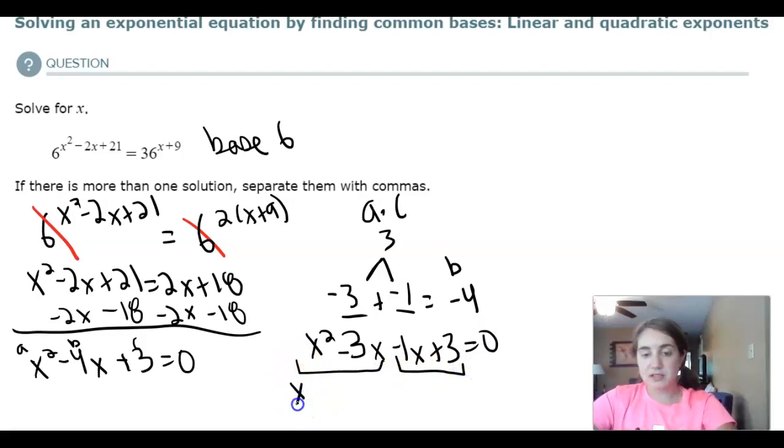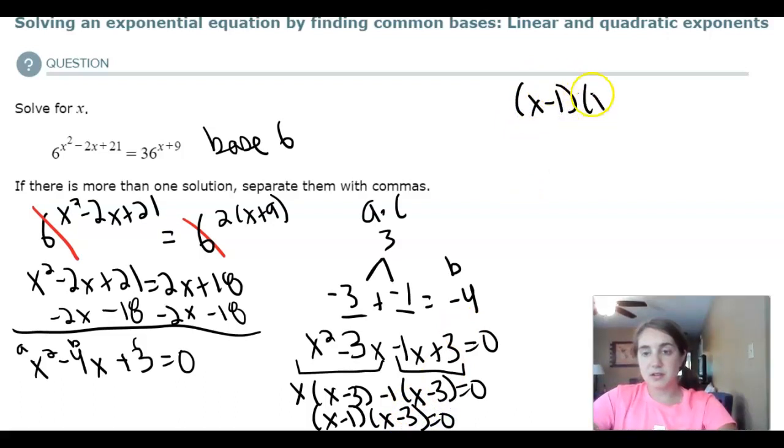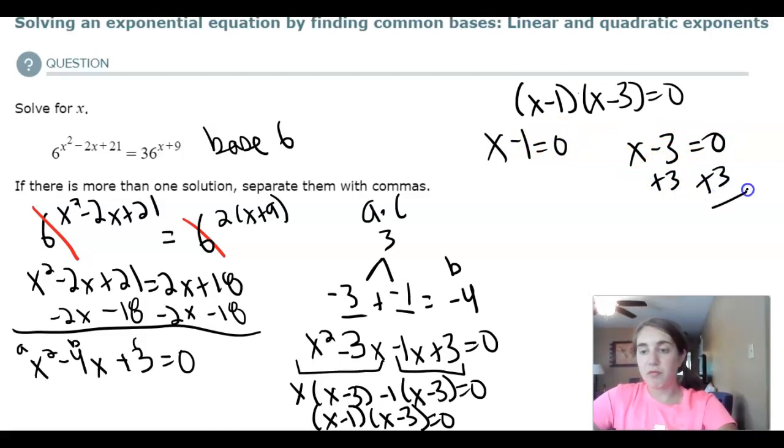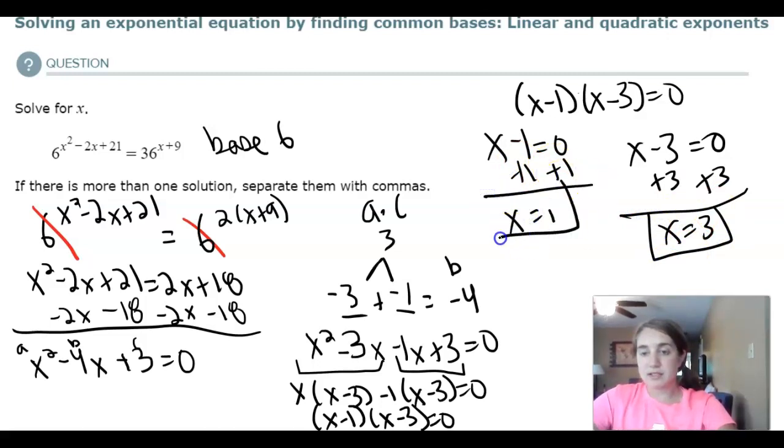I'd pull out an x, I'd pull out a -1. To solve these, I would set each factor equal to 0, and x is equal to 1.